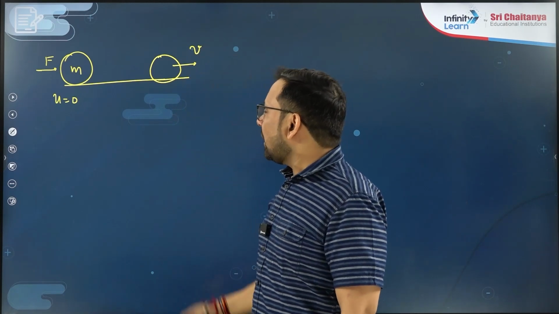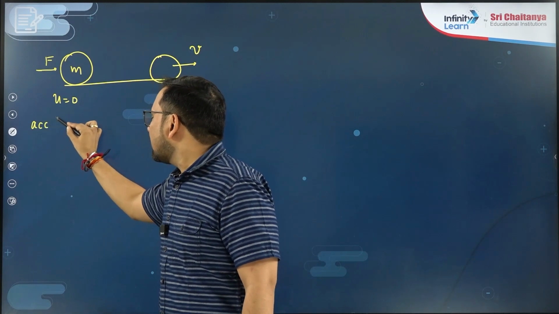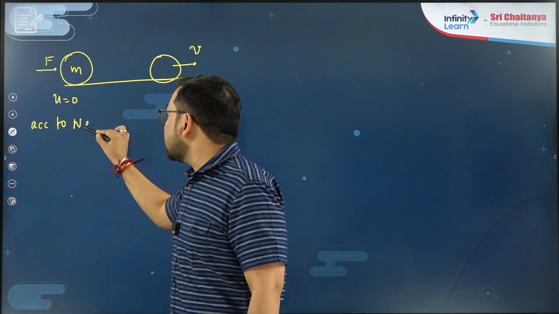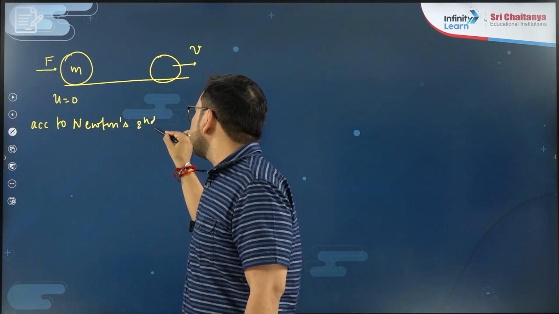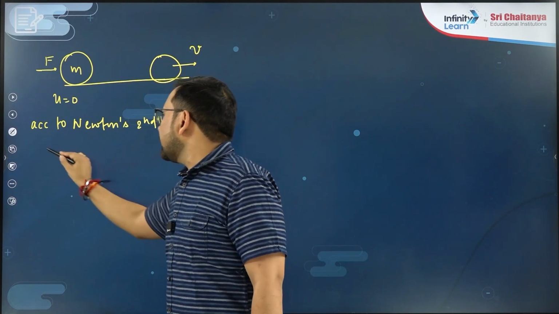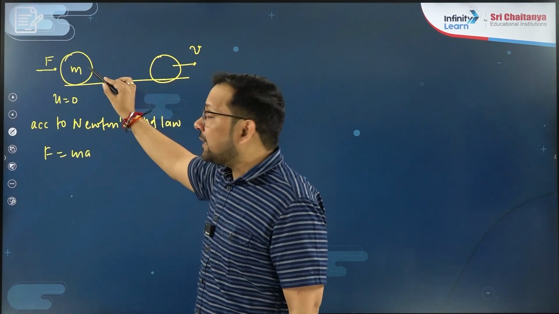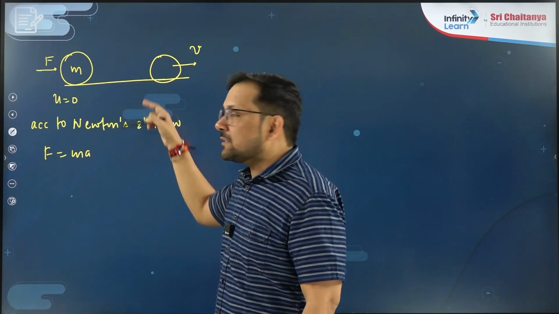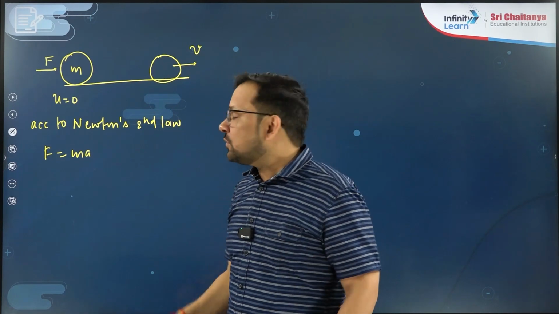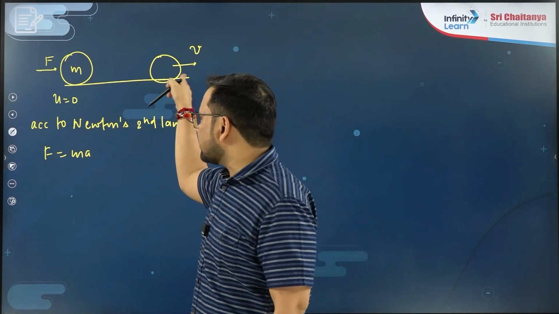Why is it v? How can it increase? Because if I take it according to Newton's second law, we know that F equals ma. So when we have applied the force, the body accelerated, and due to acceleration, velocity has changed. Hence here the magnitude of velocity, the speed, also changed.